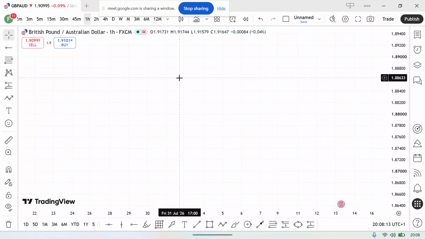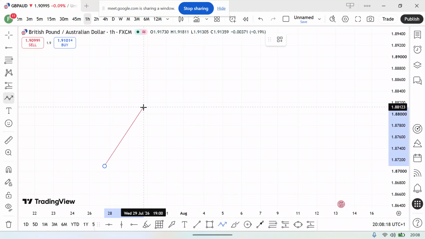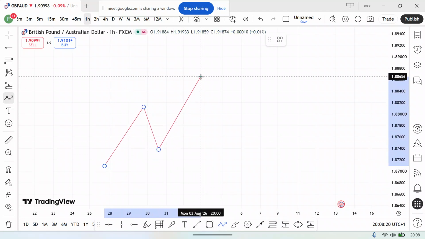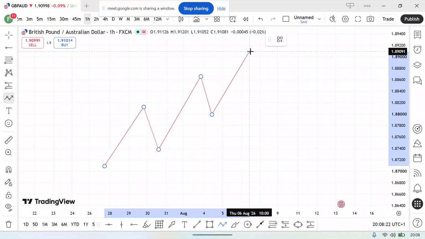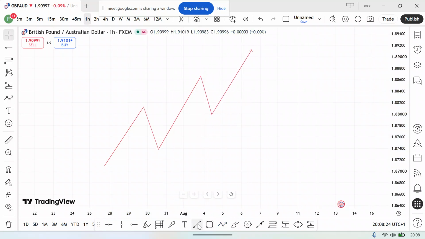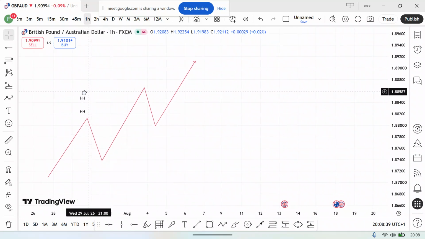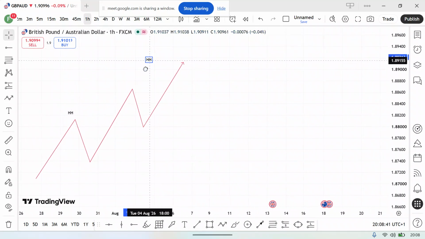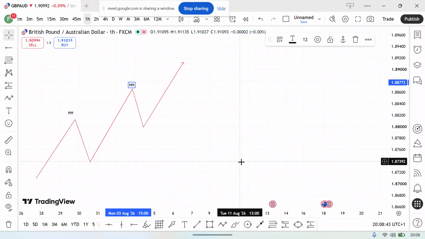Let me give a little recap of what we did yesterday. So I told you about an uptrend, which is when price is creating higher highs and higher lows, right? So this is what an uptrend looks like.